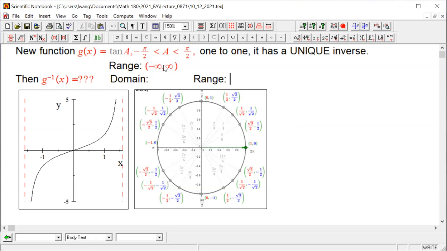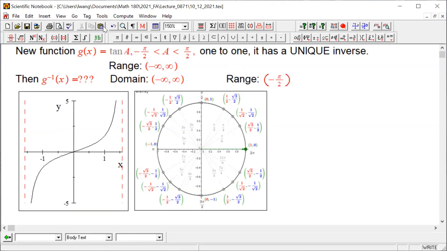Any pair of functions that are inverse to each other are uniquely paired, right? There's a unique pair. One's domain is the other's range, and vice versa. So the domain for the inverse of tangent defined in this interval will be from negative infinity to positive infinity, and the range is going to be from negative pi over 2 to pi over 2.